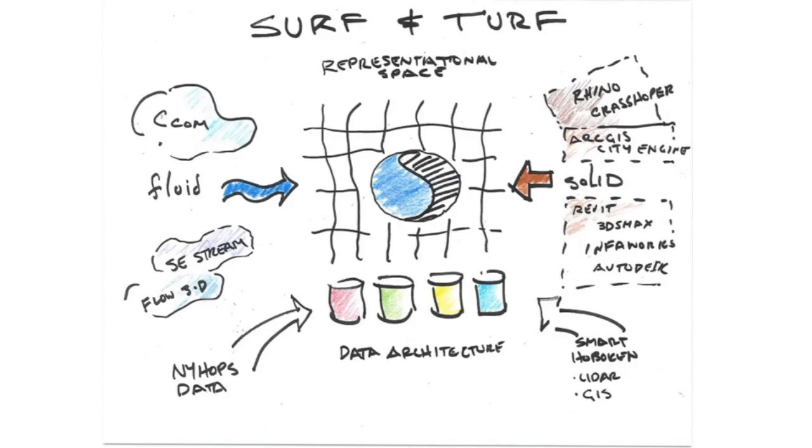Make a model of the city. The city itself is the ontology you are looking for. What we're trying to get is a representational space in between fluid dynamics and solid modeling, able to take data from both those domains and give it a common area for representation. And the next step, bring in real-time data through sensing systems.